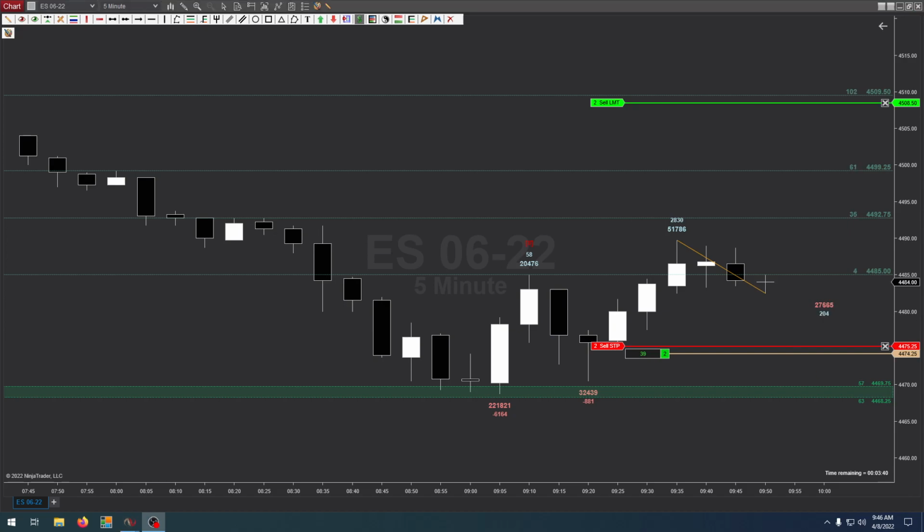Do we get higher? Still have a positive volume delta here. Okay, we're trying to get higher. Now we need to go after this high right here.